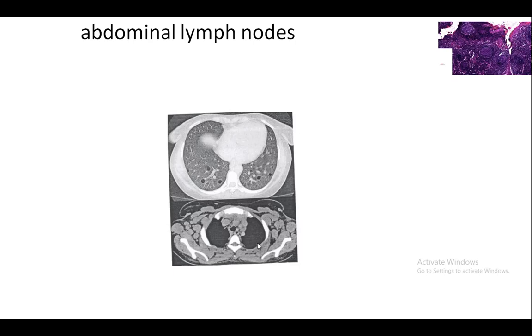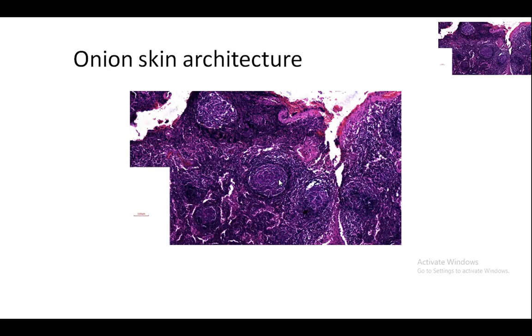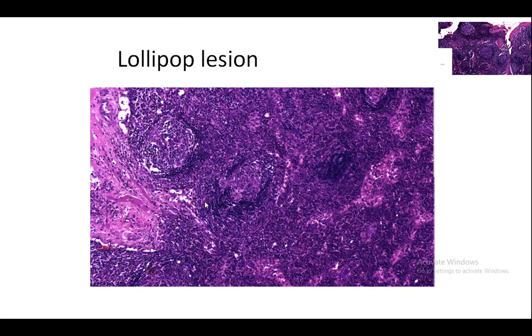This is the onion skin architecture, which is consistent with Castleman's disease, and it was present in all the 3 cases that have been presented. And here we are seeing a lollipop lesion. What you see is that this onion skin architecture is being distorted here, and it's also being distorted here.